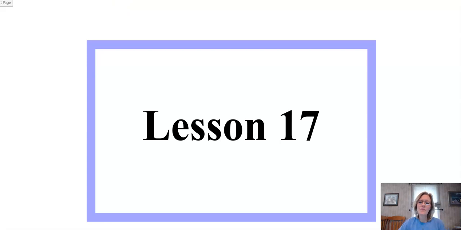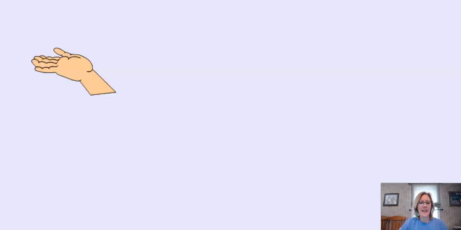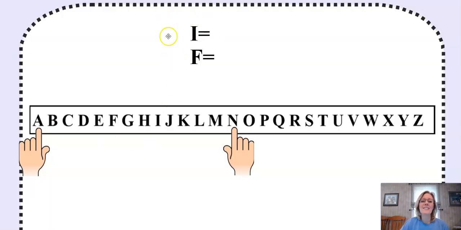So we always start a lesson off by saying our beforehand is our left hand. Our afterhand is our right hand. Okay. What does I represent when we're talking about our lessons? Initial. Good. Now, initial means first.